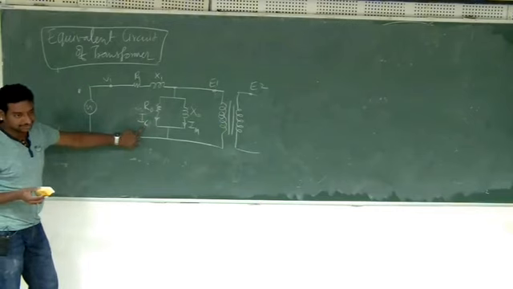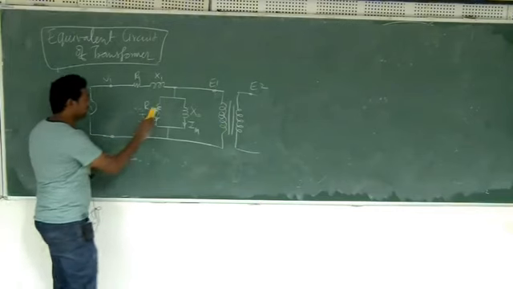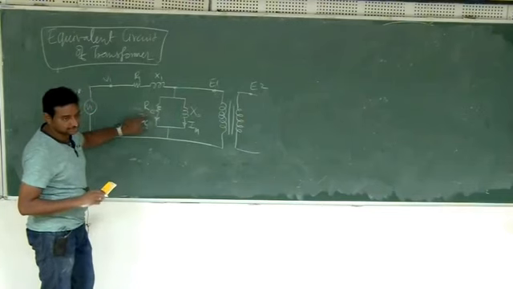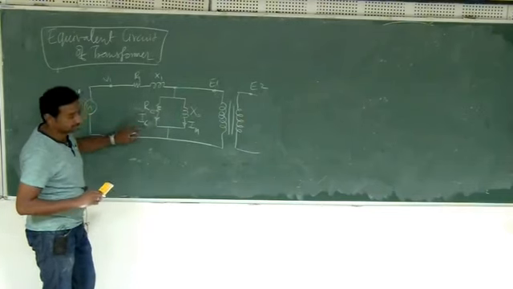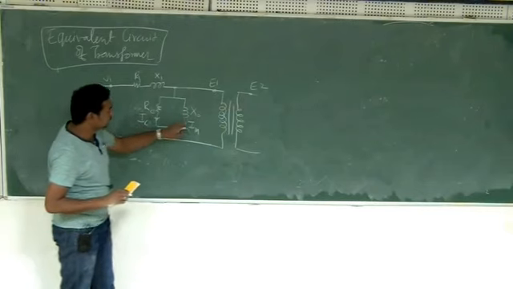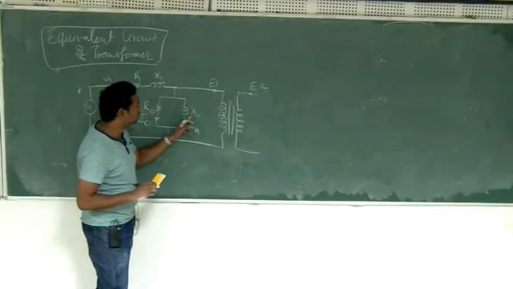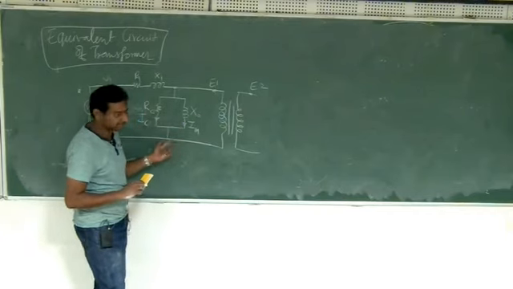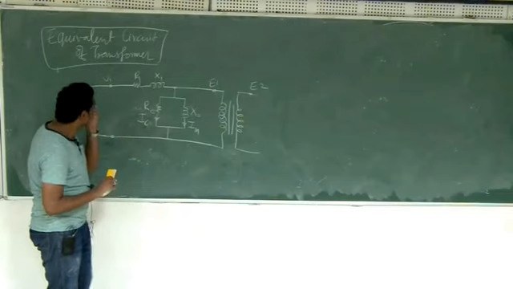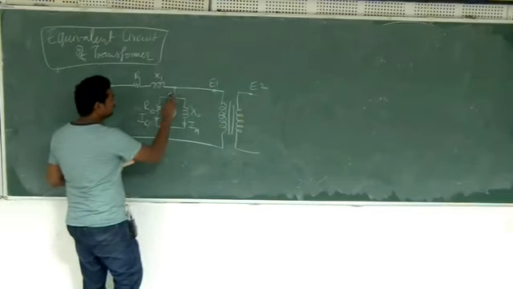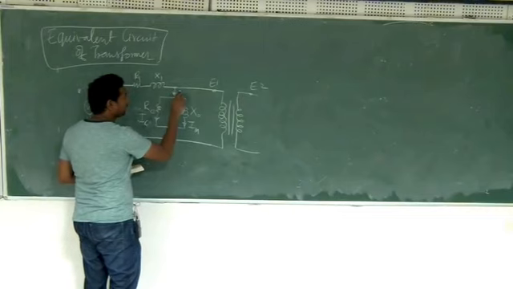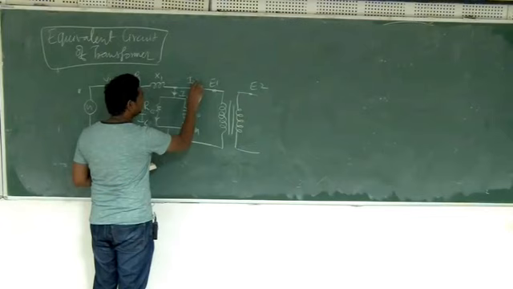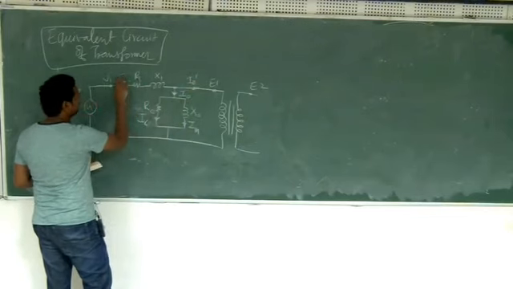Okay, this is a resistance which let's call it RC. Resistance which represents the core loss, and then the current flowing through that is that one, and then this is, under no load condition some flux will be there, so that is because of this. So this current is I0, this current is I2 dash, I0 plus I2 dash is I1 current.